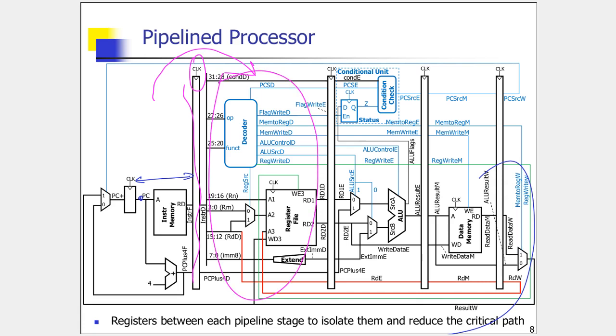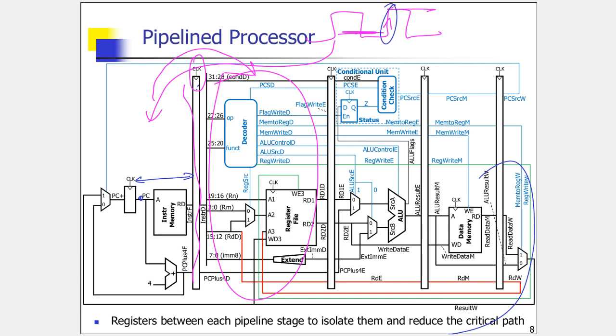So whenever a signal crosses a clock boundary, so here in this clock, let's say the instruction is here. When it crosses a clock boundary, it has to be stored in a register. You cannot have information crossing a clock boundary without it being stored somewhere. That's the idea.